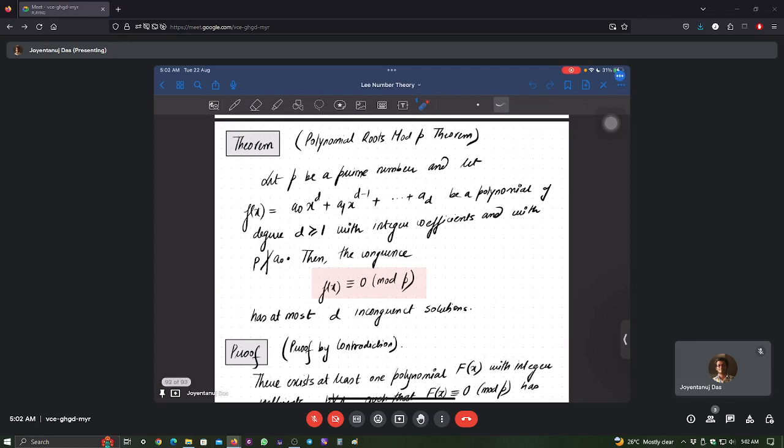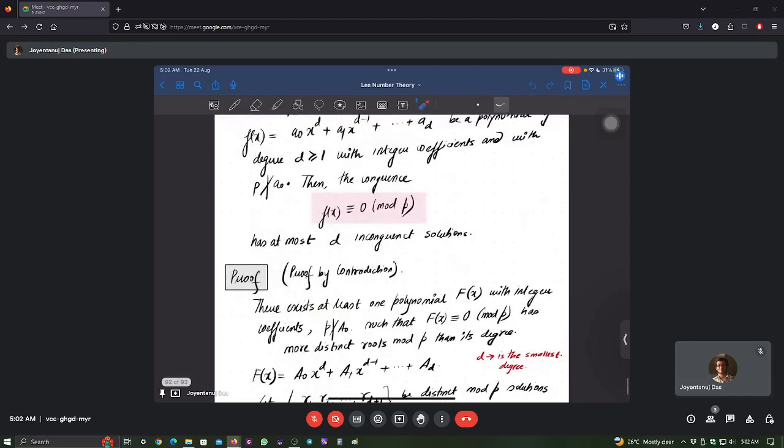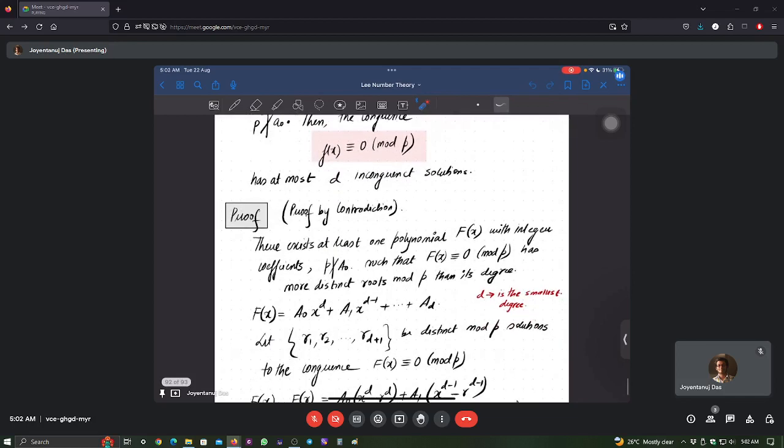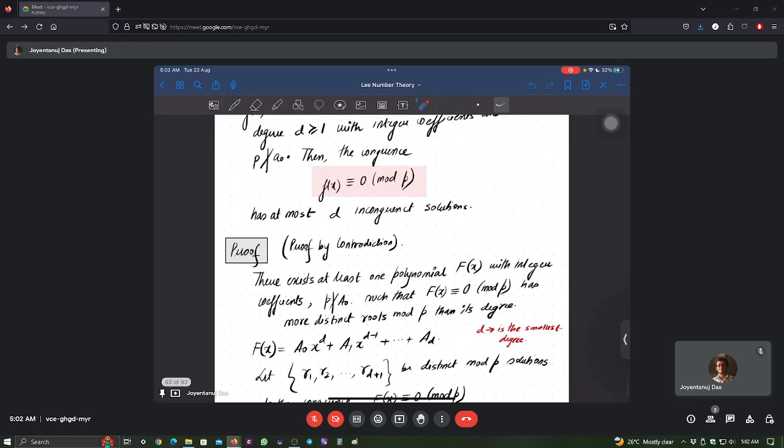Mm-hmm. Right. So here we'll prove by contradiction. That is, suppose there exists at least one polynomial f(x) with integer coefficients, and all the remaining things are the same, such that it has more distinct roots modulo P than its degree. So that is the contradictory assumption we are making, right?